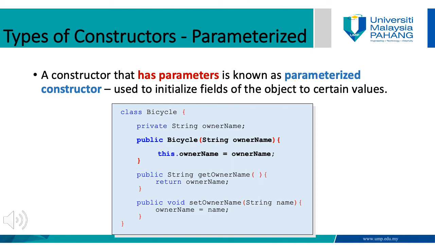That's how it invokes the no argument constructor. The third type of constructor is the parameterized constructor. The parameterized constructor has parameters. This kind of constructor is used to initialize fields of the object to certain values.